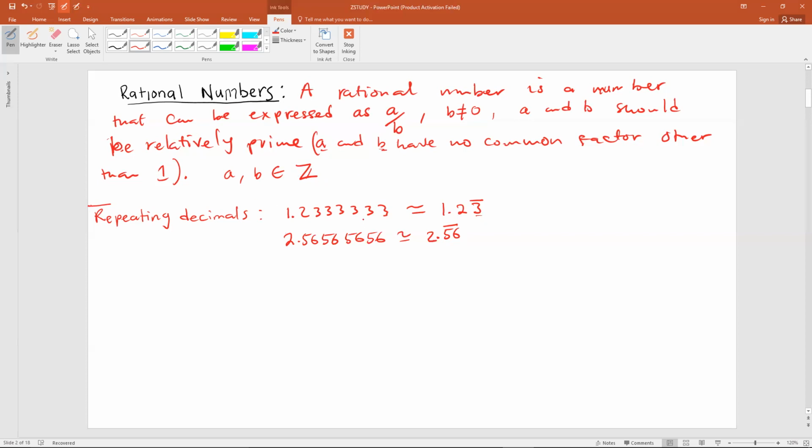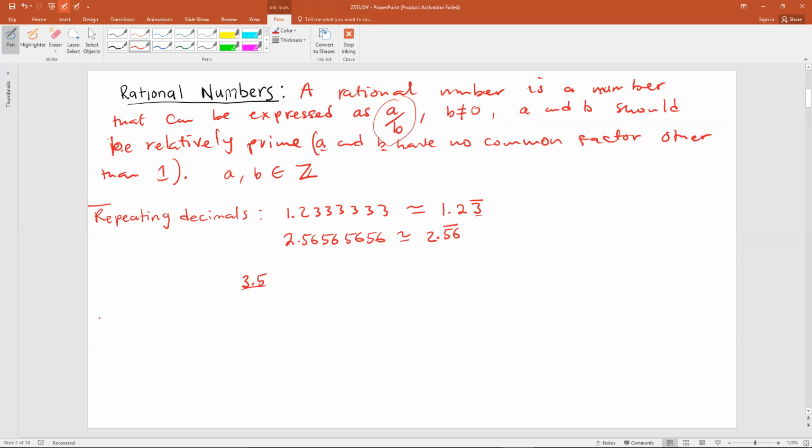Then there are those that are just straightforward, for example a figure like 3.5. This is also a rational number.